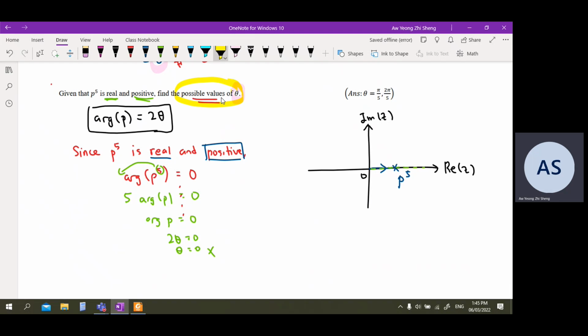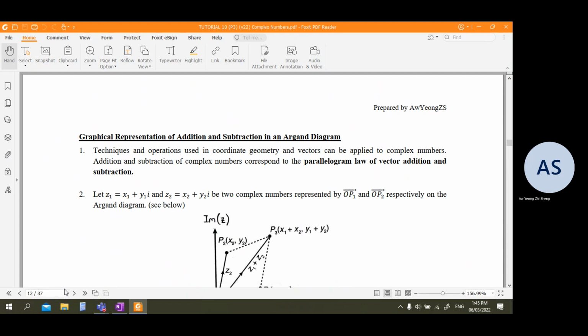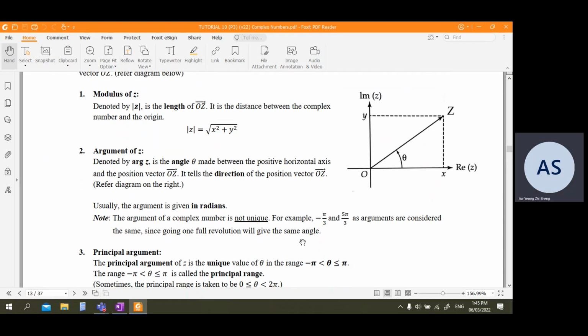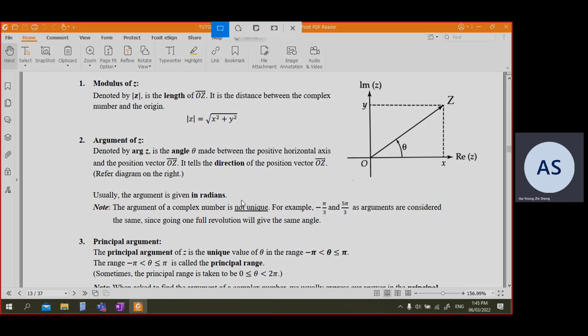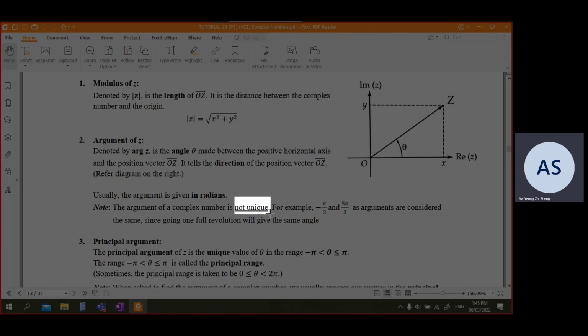To be able to generate all the possible values of theta, we actually have to consider all the correct arguments of p power 5. And recall from page 13, that says argument is not unique. Argument of a complex number is not unique.